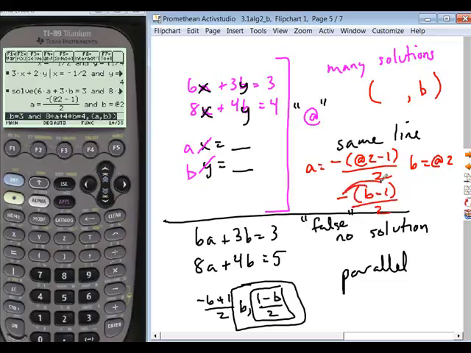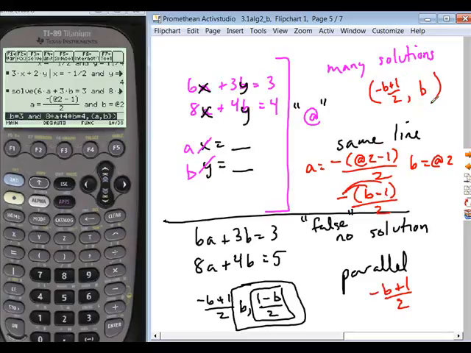Well, what does the negative do to both those terms? It distributes through. So you get negative b plus 1 over 2. And so here is your first term, just negative b plus 1 over 2. The many solutions means that any solution set that fits this form will work.